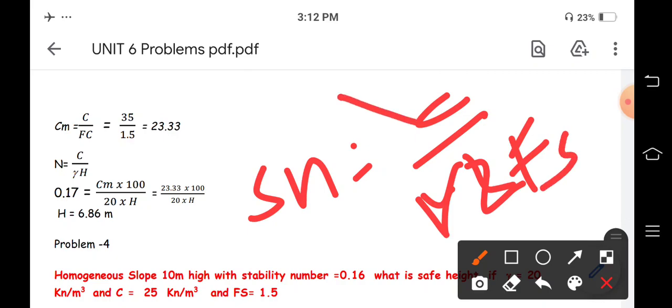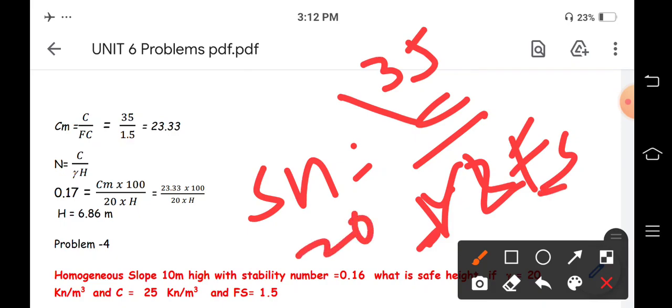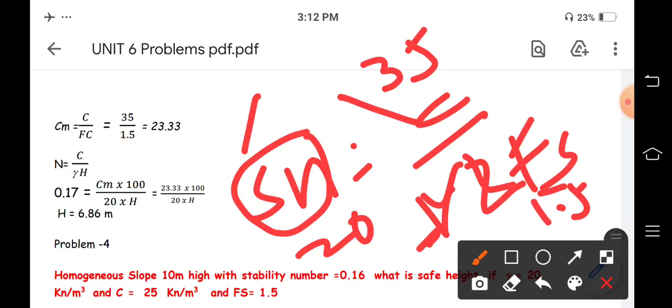Okay, so here put the value of C. What is the value of C? That is 35. Then put the value of gamma. Gamma is 20. Then put the value of Fs. Fs is 1.5. Then put the value of Sn. Sn is given, 0.17. By putting these values, we get the value of Z.